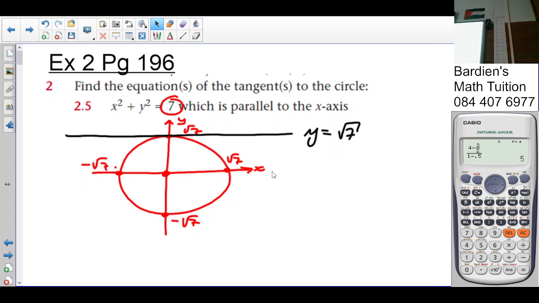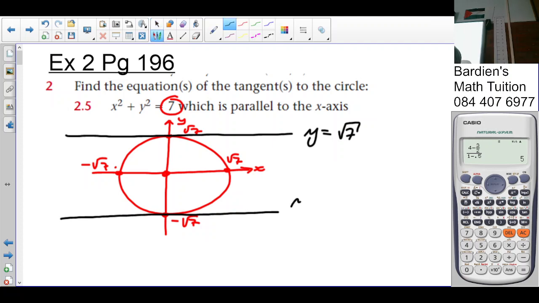Of course, the other one goes through like that. What will the equation of that line be? y is equal to negative root 7. Right, makes sense?